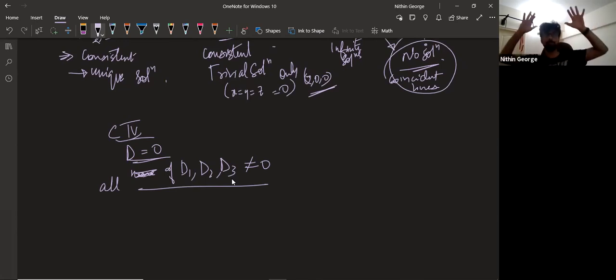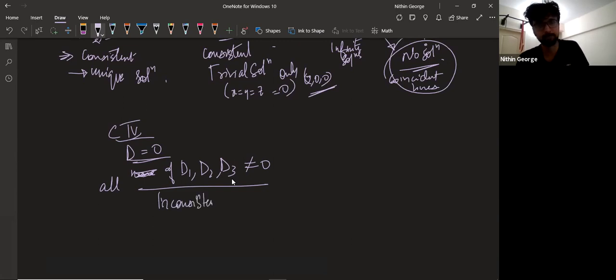The earlier condition was all of them equal to 0; this condition is all of them not equal to 0. What happens here? These planes are all parallel because D equal to 0. But since D1, D2, D3 are not equal to 0, it means they are spaced apart. They will have no solution. They are inconsistent. No solution.